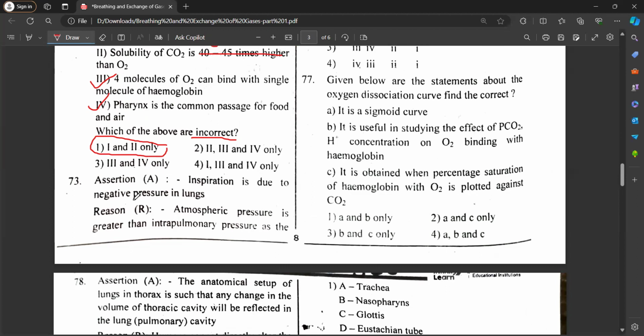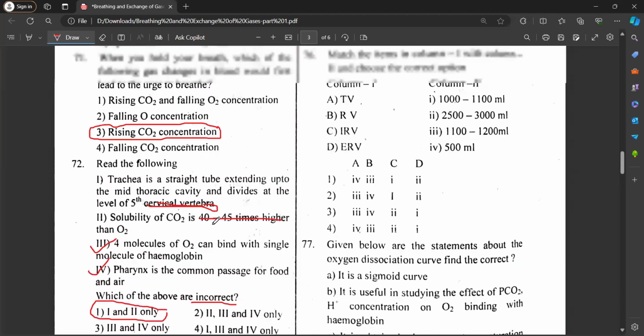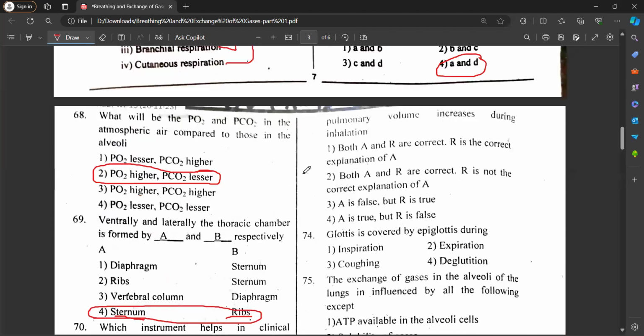Why negative pressure? Intrapulmonary pressure is less. And therefore, atmospheric pressure is greater than the intrapulmonary pressure as the pulmonary volume increases during inhalation. We can say that both A and R are correct. R is the correct explanation of A.